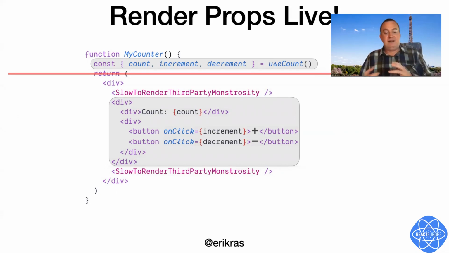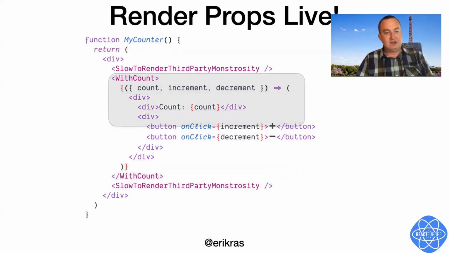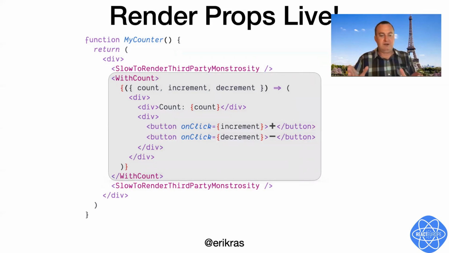In my experience, I found that using a component with a render prop API is much, much more flexible when I need to inject a little bit of state into my JSX and not re-render the entire containing component. So notice that this section in the middle is the only part of this JSX that's going to re-render when we hit increment and decrement.